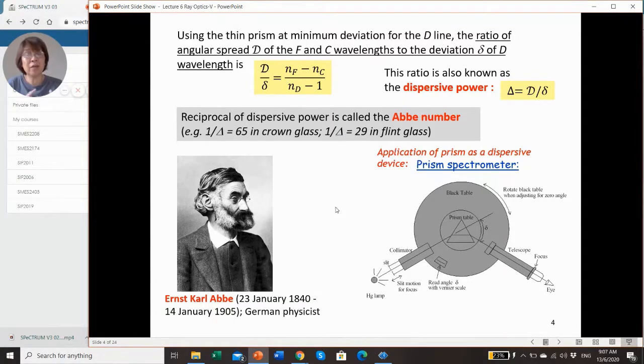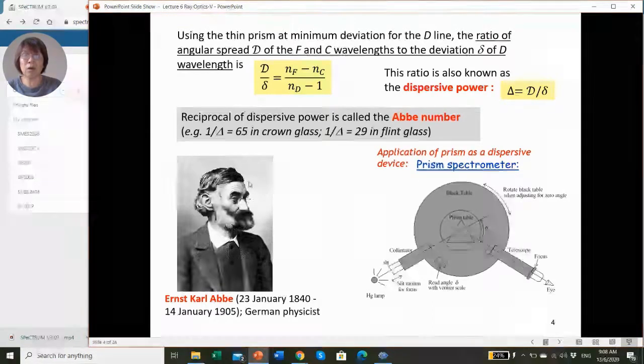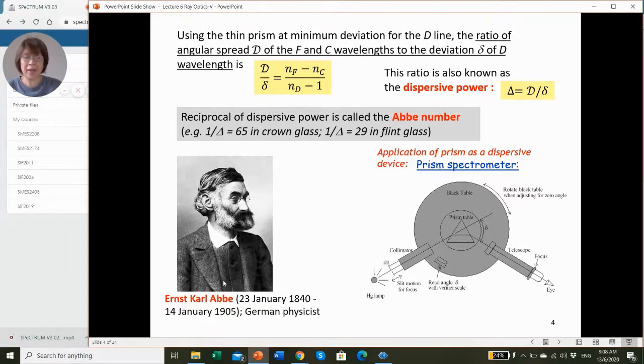For example, in crown glass, it is 65. In flint glass, it is 29. And this is a photo of Ernst Karl Abbe, a German physicist. In the prism spectrometer, the prism is used as the dispersive device.